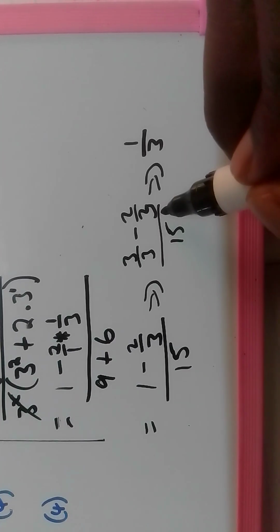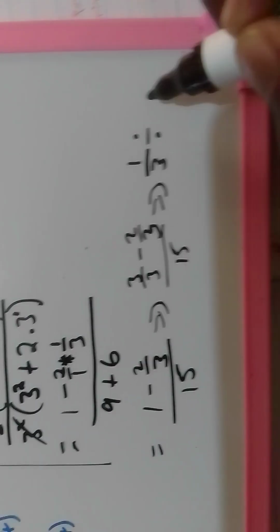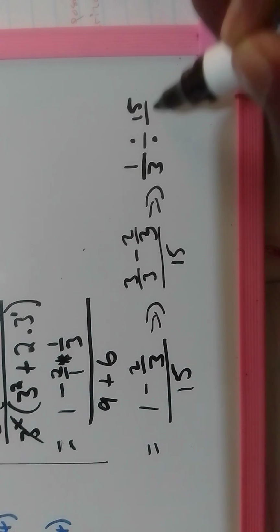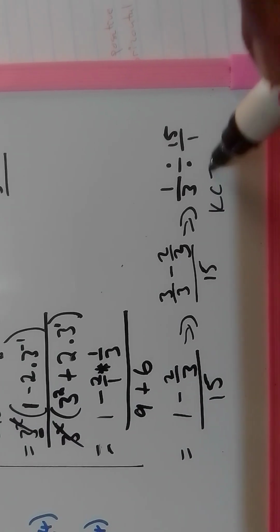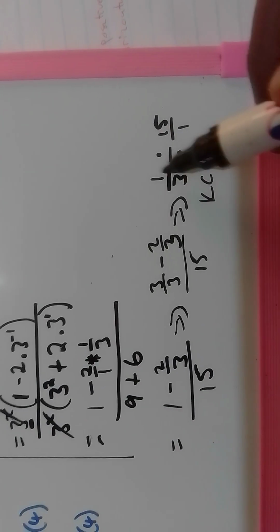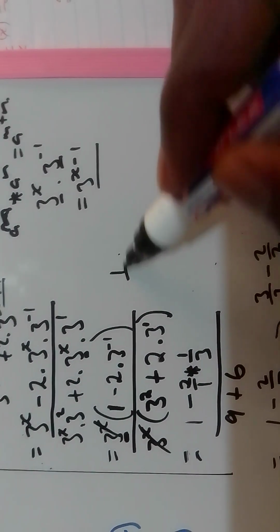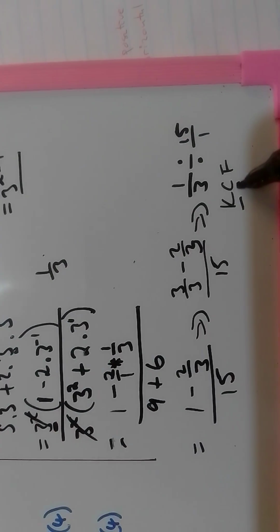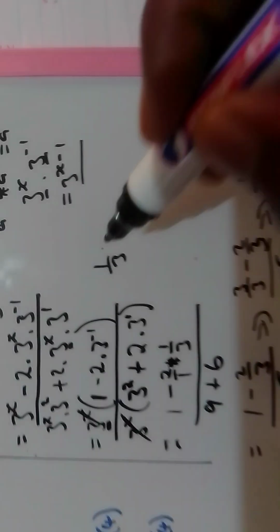Now, instead of writing this division, I now write it like this. Divided by what? 15 over 1. Now I'm going to use what we call the KCF method. What is the KCF method? The KCF method simply implies that I must keep this fraction. So I must keep the 1 over 3. So I keep the 1 over 3 here. Then I must change the sign, so I change the division sign to a multiplication sign.